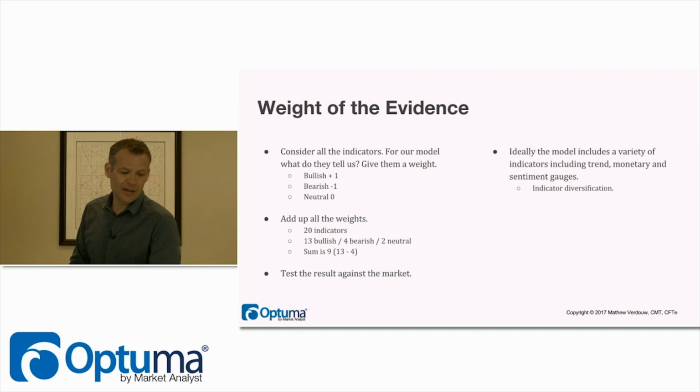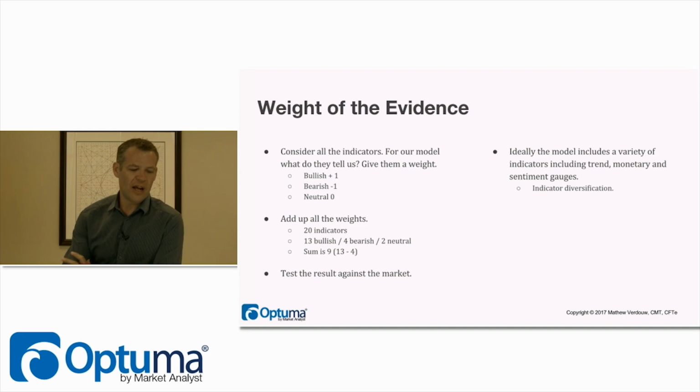Every indicator gets a weight given to it. So let's just say that the price is above the moving average. Well, that would have a +1 because it's bullish. Or there's a -1 because it's bearish, or there would be a neutral, 0. So if it's in a neutral phase, then no weight is added to that as well.